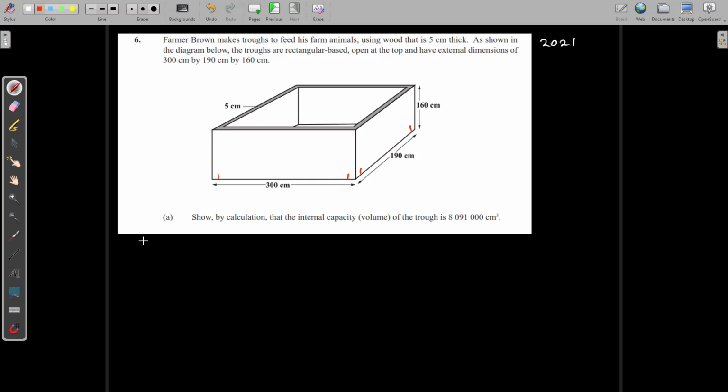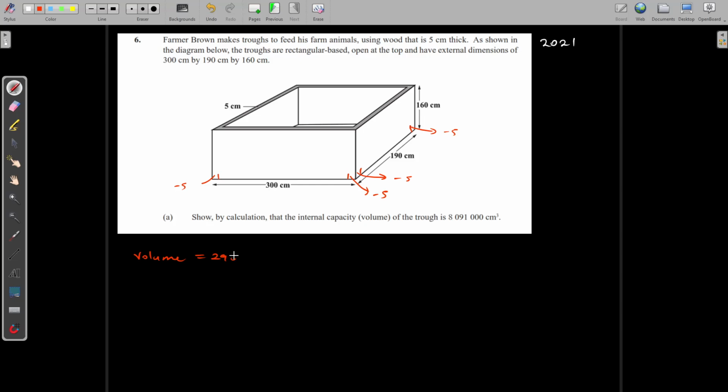So if we're going to take away 5 from here, 5 from here, so we minus 5 here, minus 5 here, minus 5, minus 5. So this 300 now becomes 290.